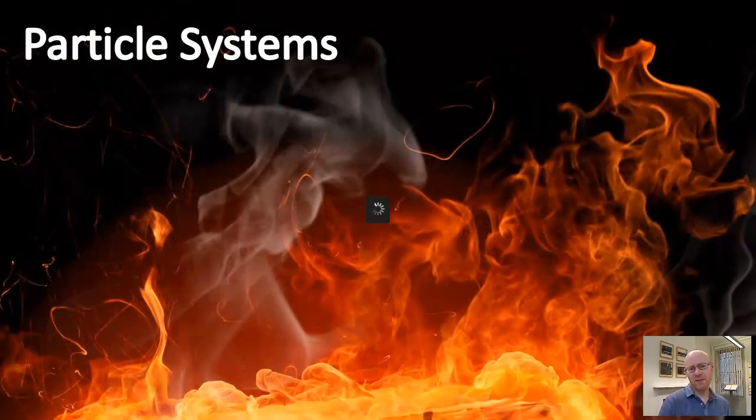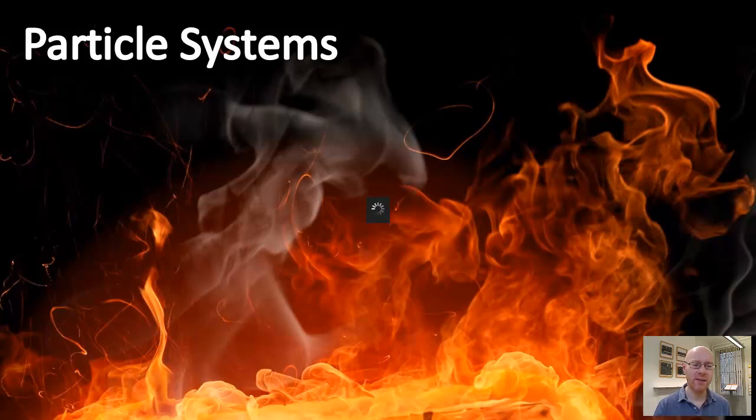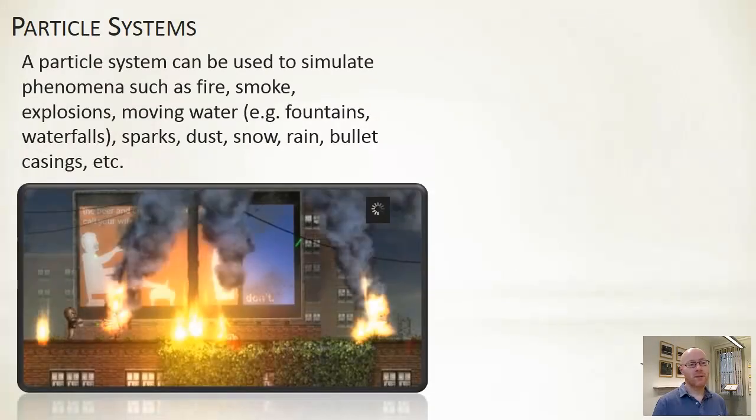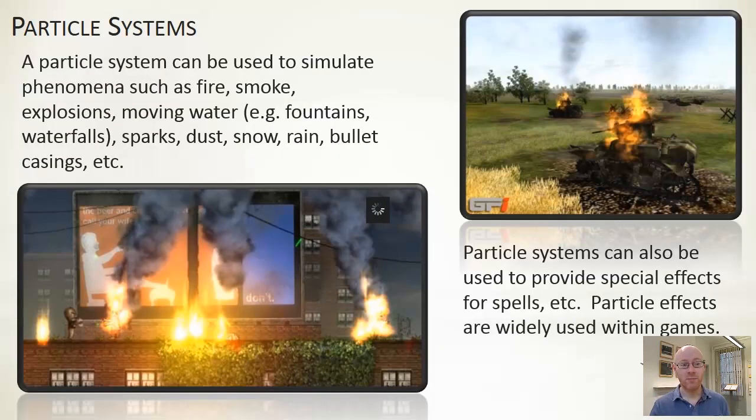So by particle systems, we're incorporating one of the more common special effects elements that you have within games. They're very, very broadly used. We can use a particle system to simulate smoke, explosions, fire, water, sparks, dust, snow, an awful lot of different components within our games. You can see the screenshots here.